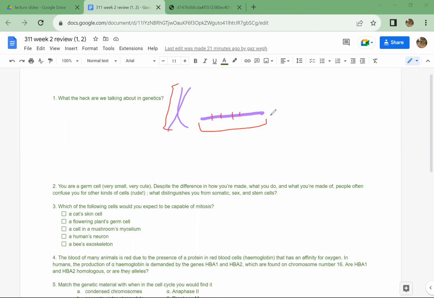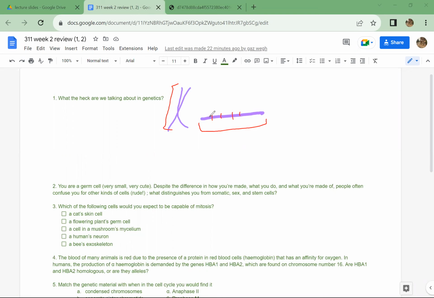We can't really see genes, but genes are the set of nucleotide instructions that our cells are able to interpret through some special processes that we'll learn about later in the semester. They interpret these chemical instructions as instructions, and they do stuff with them.